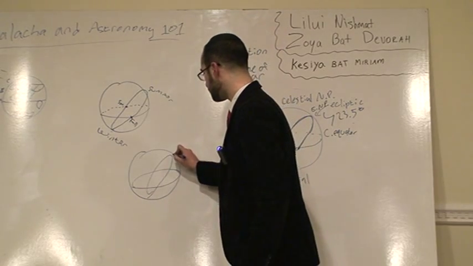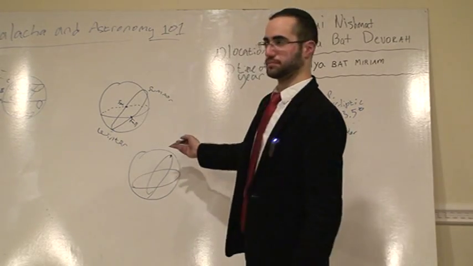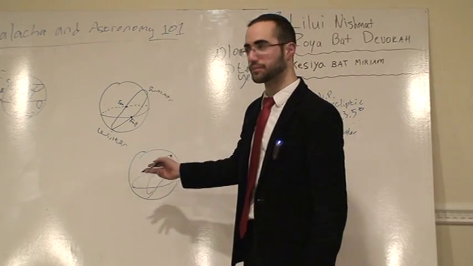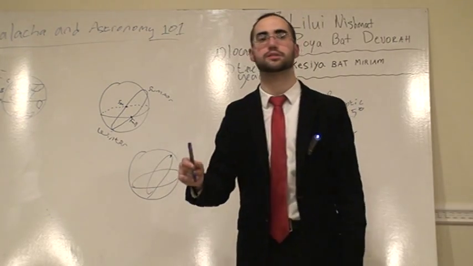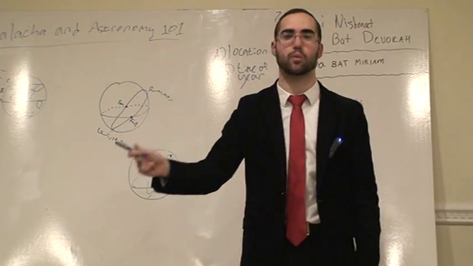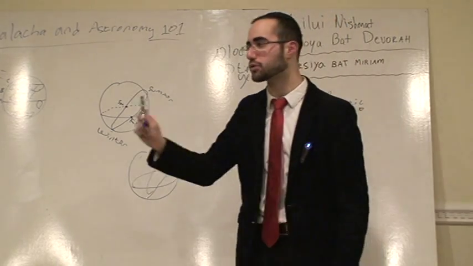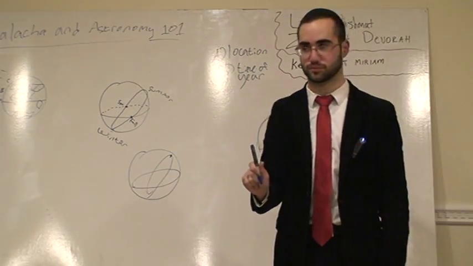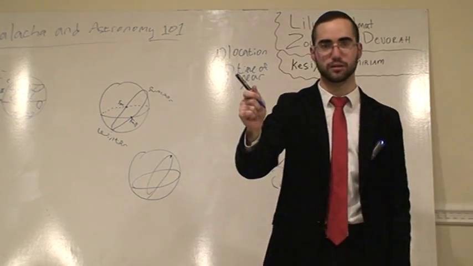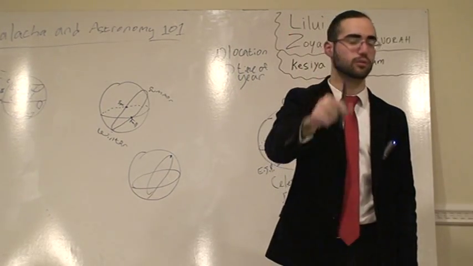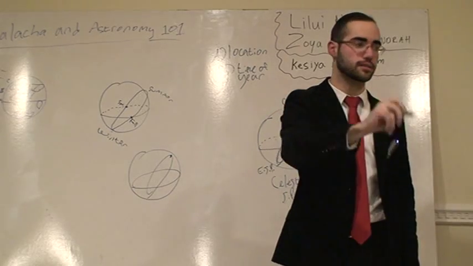If over here is summer, the longest day of the year, what direction does the sun rise and what direction does the sun set? It goes from east to west every day, right? The sun rises in the east, and it sets in the west.